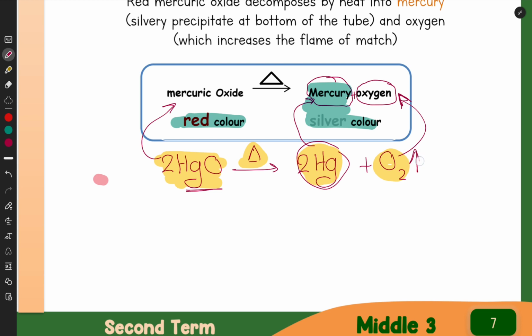Of course, the oxygen is gaseous, so it will evolve. Mercuric oxide is red, the mercury only is silver, and the oxygen, of course, is colorless.